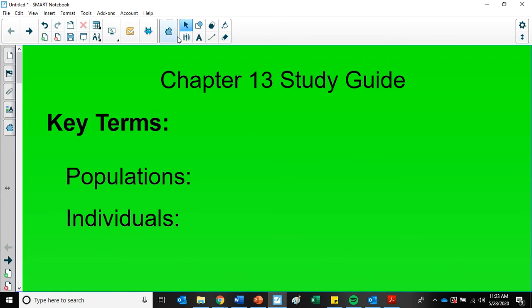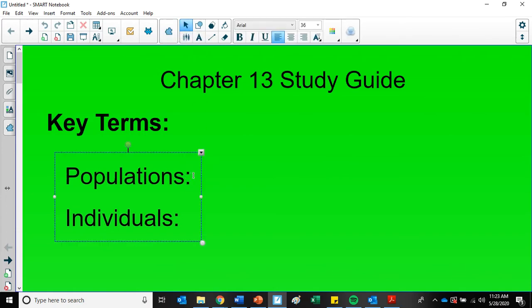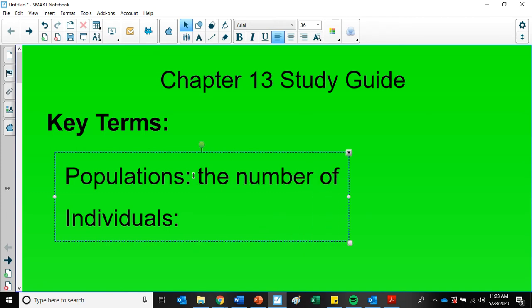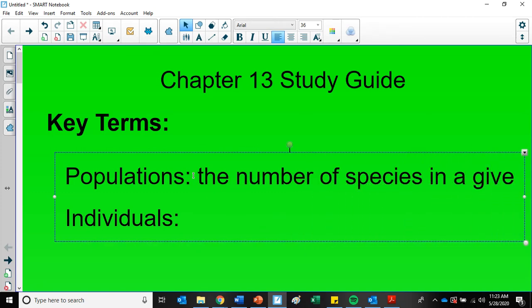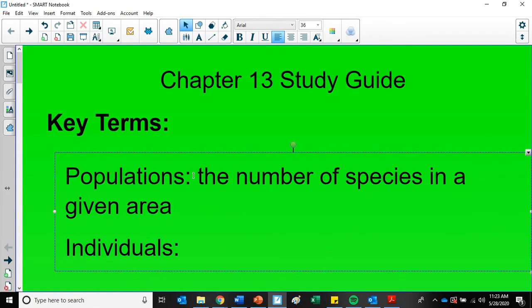As we put in our key definitions, please make sure you add it in your own words. Don't just always refer to the dictionary, like I said; come up with a definition that makes sense for you. So it's the number of a species in a given area.